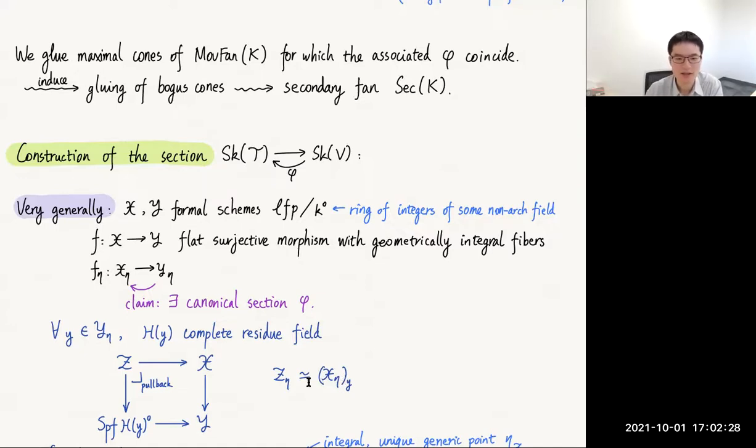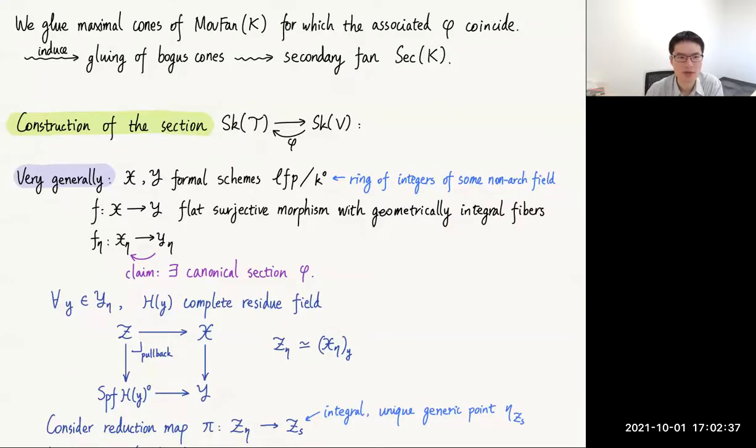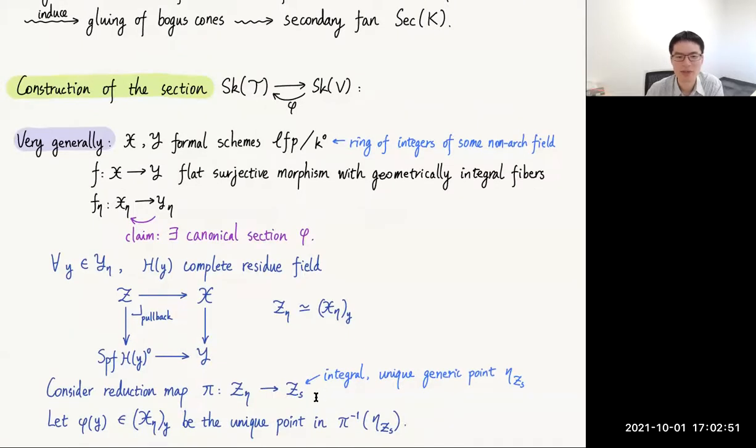Now this is a formal scheme over this ring, and we have a reduction map from the generic fiber of the formal scheme to the special fiber of the formal scheme. By our assumption, the special fiber is integral, so it has a unique generic point. And if we remember from Berkovich's theory, when we have a generic point, the preimage of this generic point under the reduction map is just one single point, a unique point.